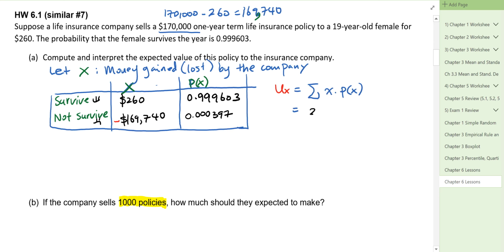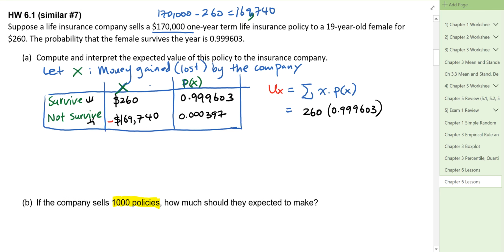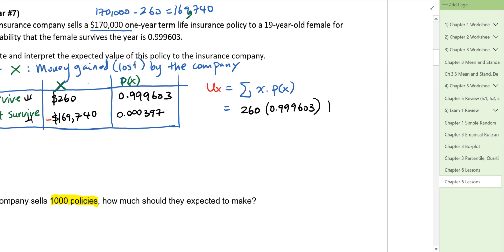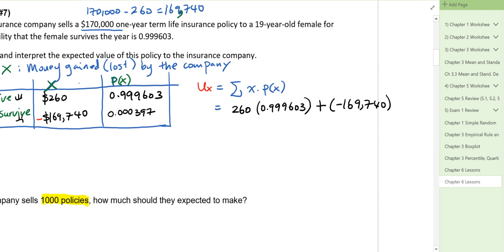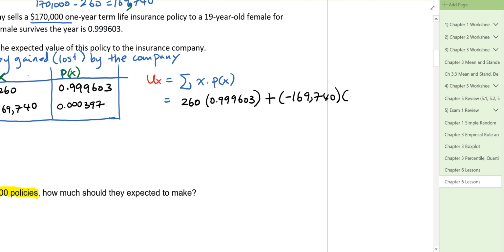So we have $260 times the probability, which is 0.999603, plus negative 169,740 times the probability of that, which is 0.000397, and calculating that, we'll get $192.51.